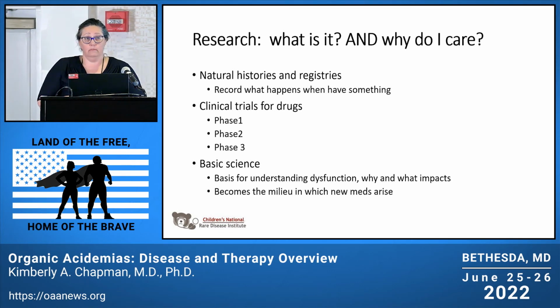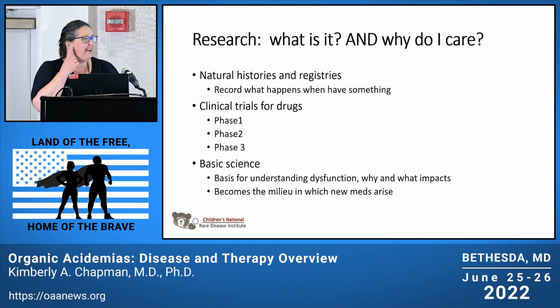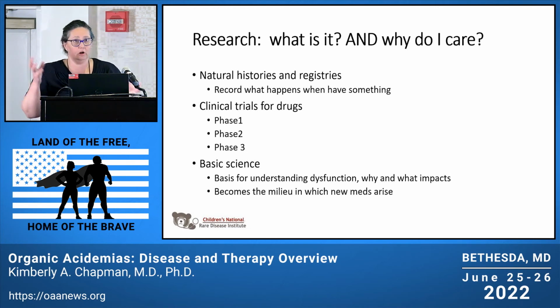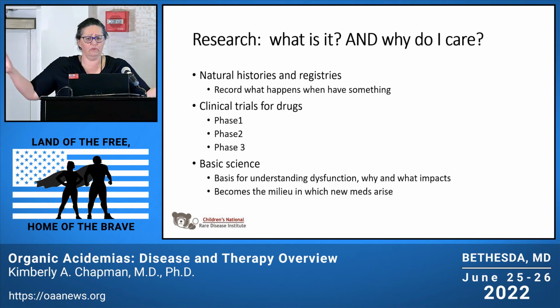Almost all the PAMA stuff has led to us identifying more complications than we thought. The hearing loss was actually not in the first set of guidelines. It's been added to the second one because we started to say, oh wait, there is a lot more hearing loss here than we thought there was. And what does a natural history or registry do? It records what happens when you have something, okay?